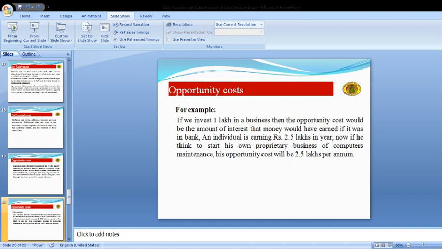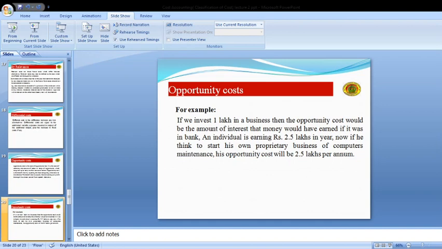What is the cost of doing MBA in monetary terms? It is 5 lakhs plus maybe some other expenses of 2 lakhs, so 12 lakhs.